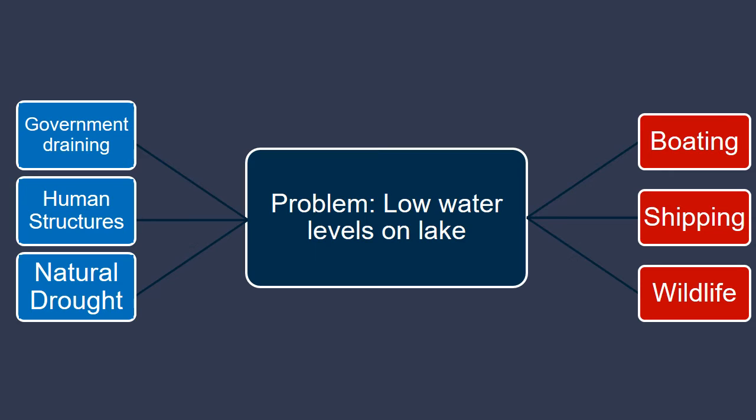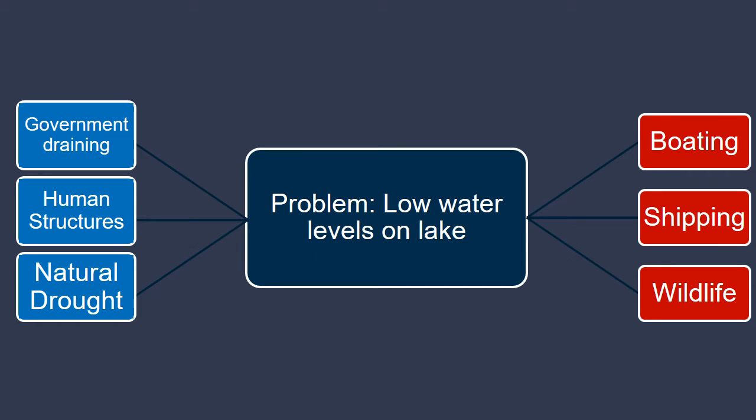Then the author examines another possible cause, which is the creation of human structures and cities and towns along the lake, and whether they are using the water from the lake. Lastly, the author examines a third possible cause, which is a natural drought, a lack of sufficient rain and snowfall that is resulting in the low water levels.